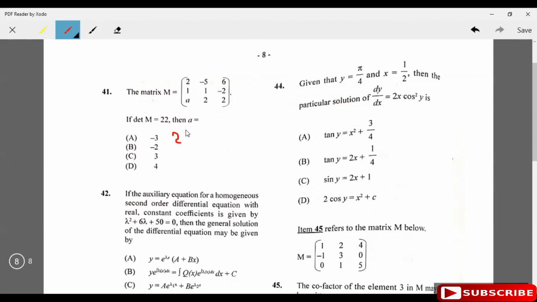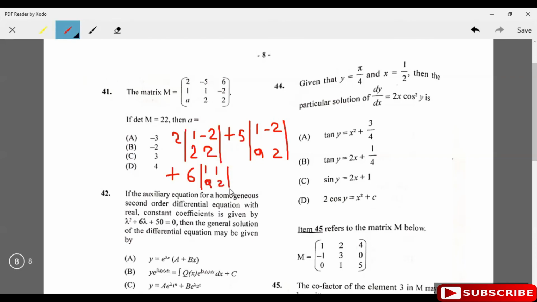So 2 times the determinant of 1, negative 2, 2 and 2, plus 5 times the determinant of 1, negative 2, a and 2, plus 6 times the determinant of 1, 1, a and 2.